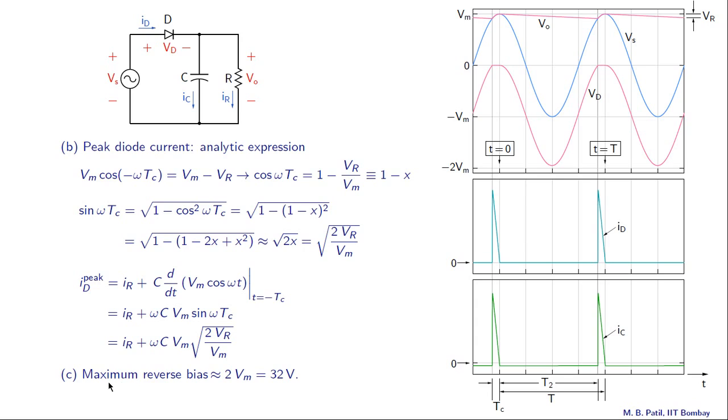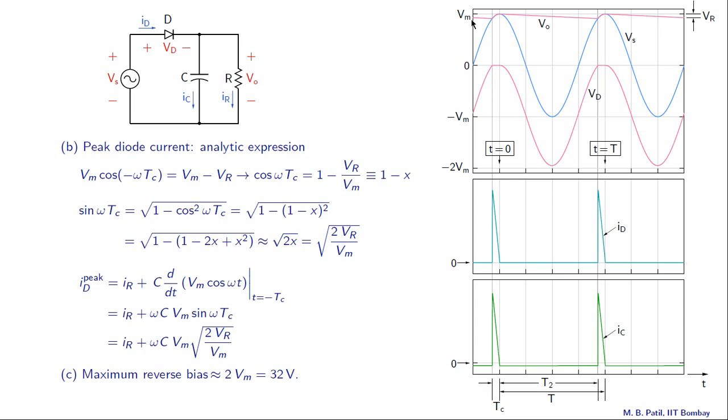What about the maximum reverse bias? We have already seen earlier that it is going to be 2 times Vm, where Vm is the peak value of the input voltage. Let us quickly go through that argument once again. Vd is equal to Vs minus Vo.